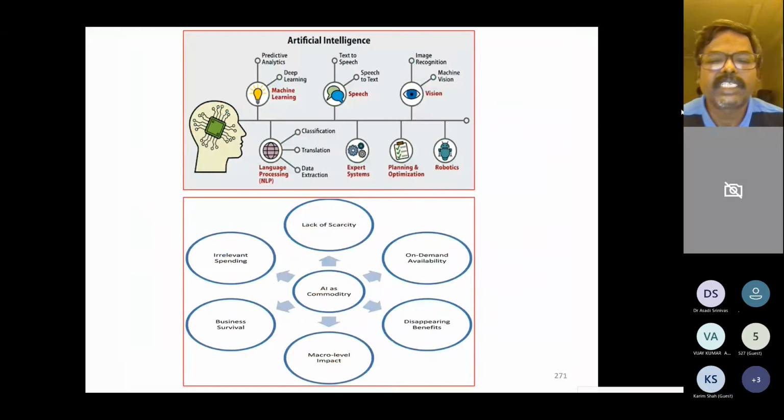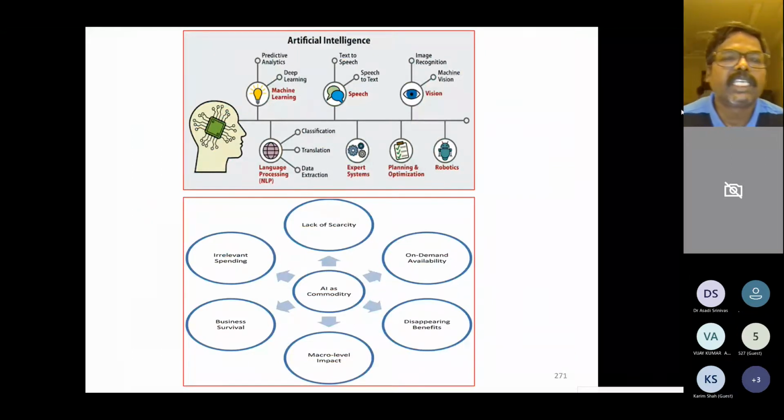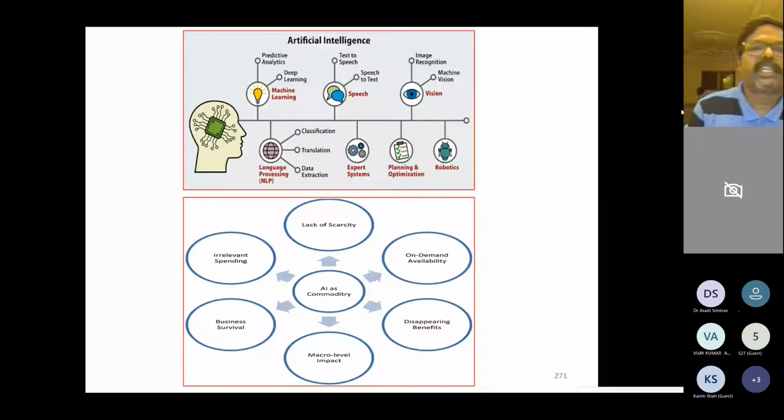Then artificial intelligence: what is AI as a commodity? See here, a human is using artificial intelligence from different perspectives. In machine learning, we are using predictive analytics and deep learning concepts. In speech, text to speech and speech to text.